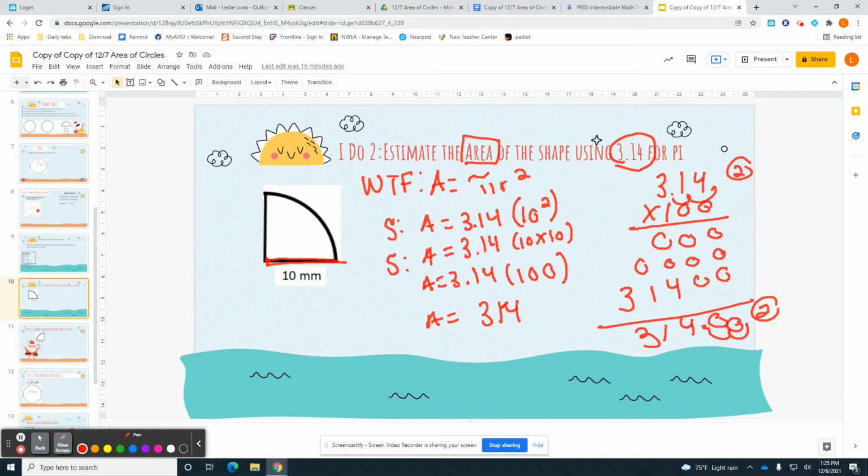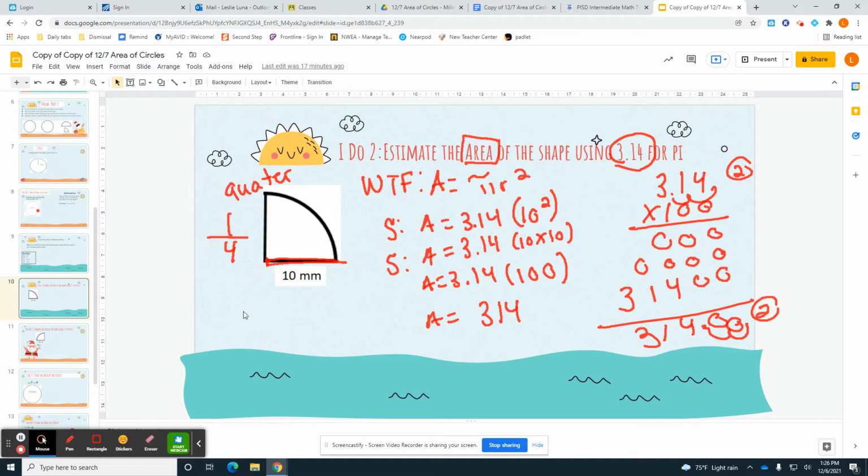This would be the area for a full circle. That's if I had a full circle. Do I have a full circle here? No, I have a quarter of a circle. And we said how many quarters we have in a dollar? That is 4. How many quarters do I have here? 1. I don't know why I thought that was a circle.